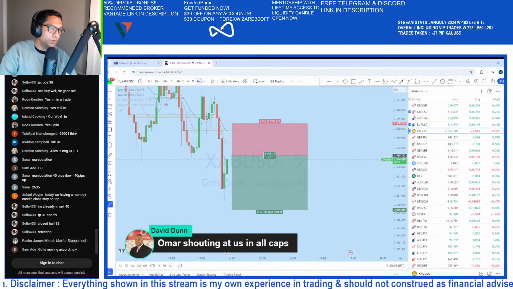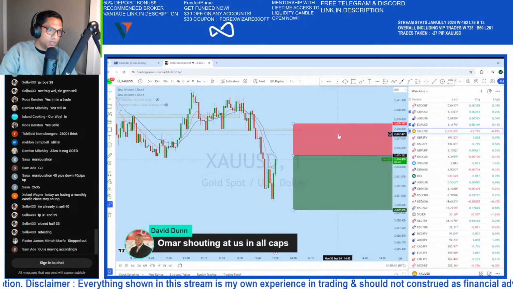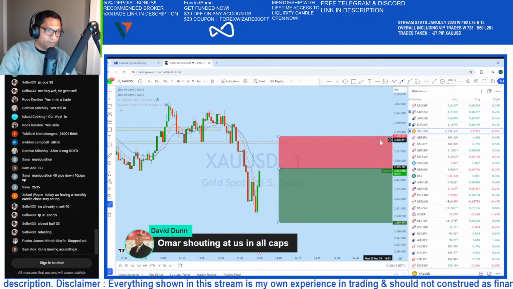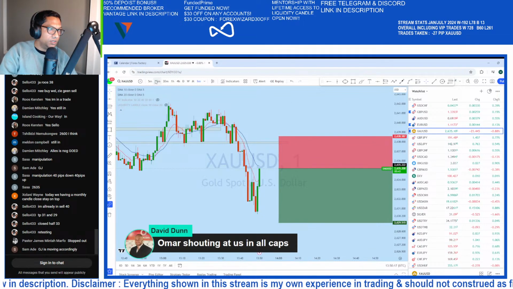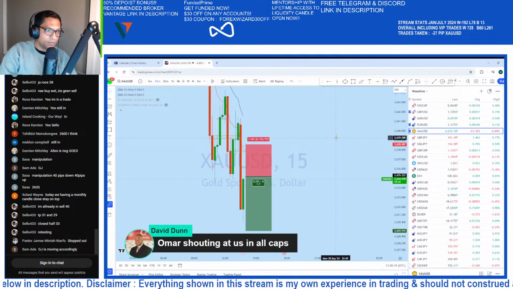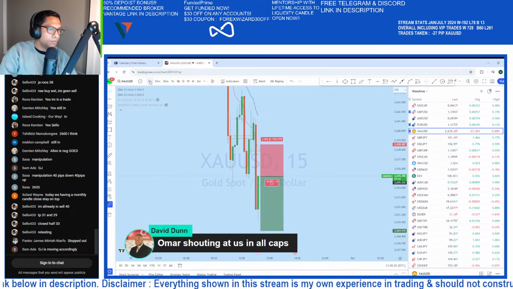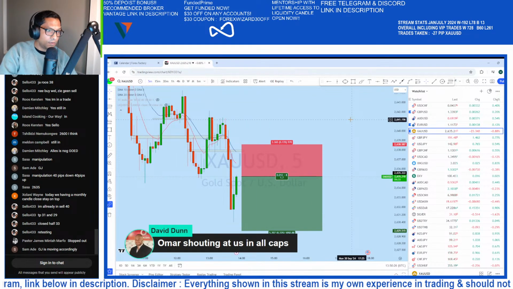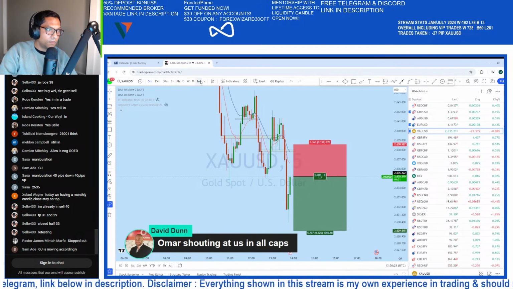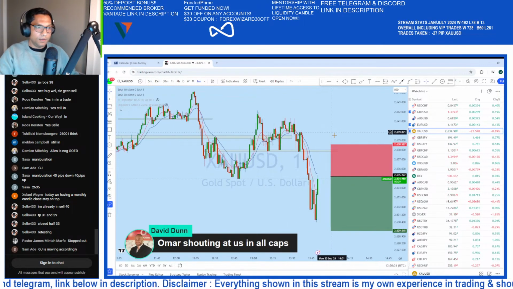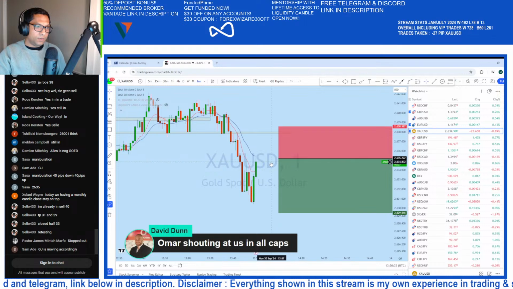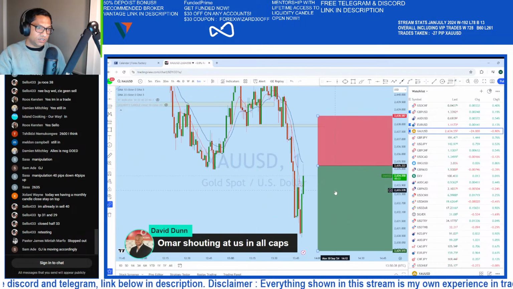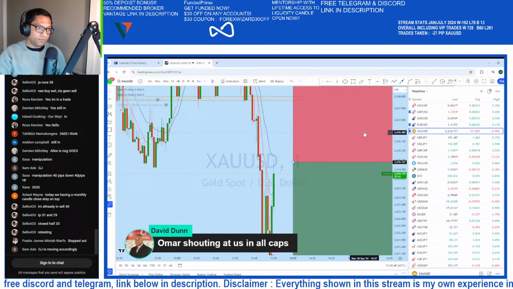Okay, so this one maybe dodged us. We'll see. Just going back to the entry. Okay, so this is the candle that I will be waiting to see if it is getting a rejection for another drop.